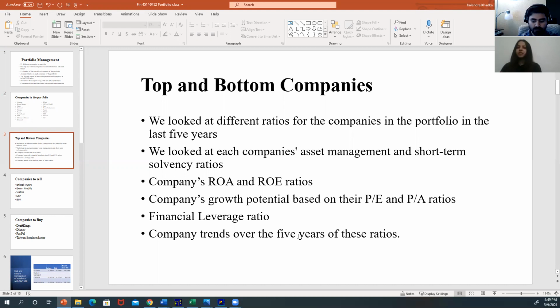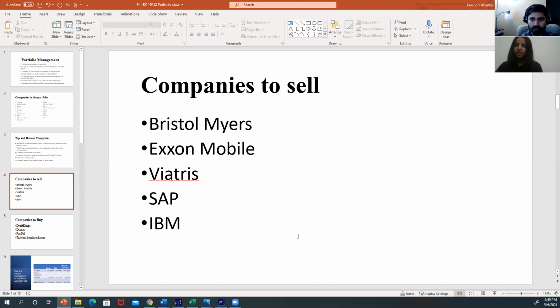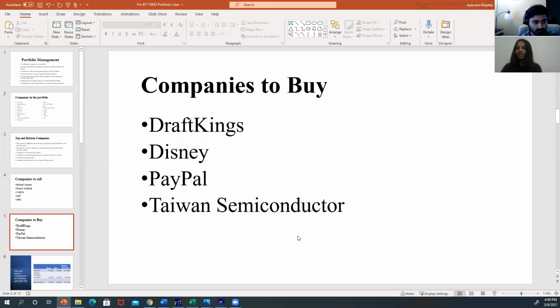And we looked at the company trend as a whole and based our top and bottom companies on that. So based on our analysis, our bottom 5 companies were Bristol Myers, Exxon, Beatrice, IBM, and SAP. And then we decided to buy 4 companies: DraftKings, Disney, PayPal, and Taiwan Semiconductor.